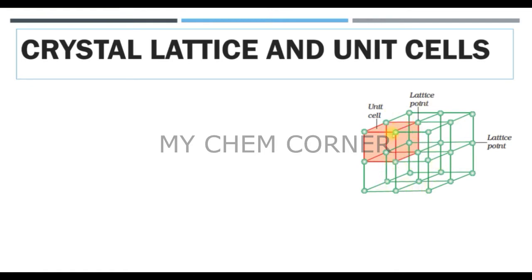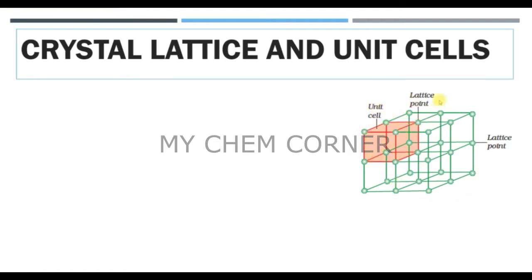Now each point in this cube is the atom or the sphere. So if you're considering an atom or a sphere which is trying to connect each of these points and form a cube, that is nothing but your lattice point. And each cube is called a unit cell.